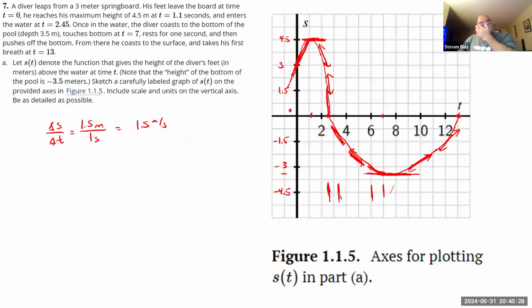So if we go back to our position graph, what does it mean for us to have positive instantaneous velocity or positive instantaneous rate of change? So we can think about this in terms of slopes of tangent lines again. Think about where these slopes are going to be positive. So as we read from left to right, where are they going to be going upward?